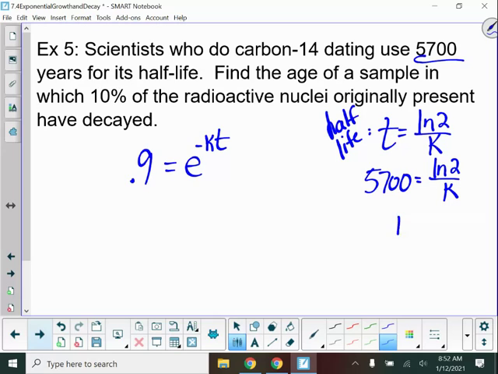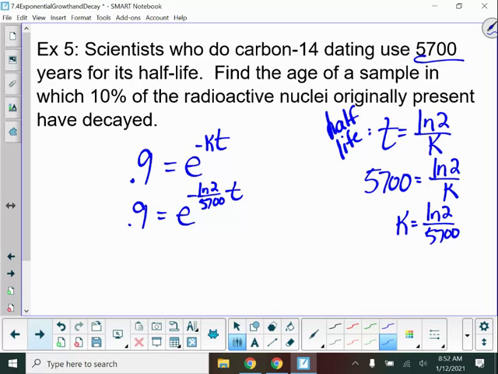So my k is going to equal the natural log of 2 divided by 5700. Then I can pull that back over into this equation. So I have 0.9 equals e to the negative natural log 2 over 5700 times t.